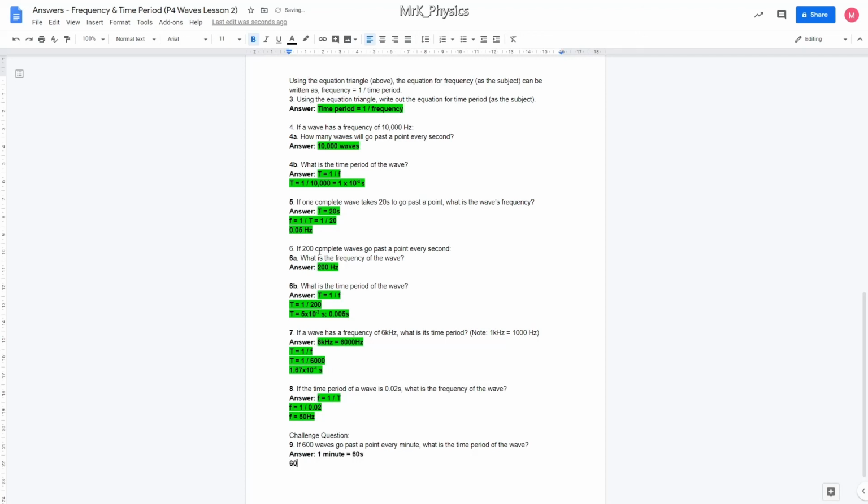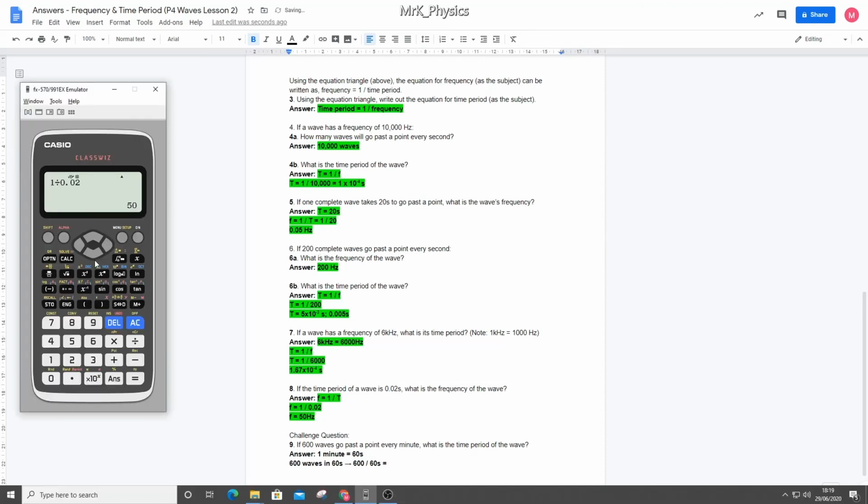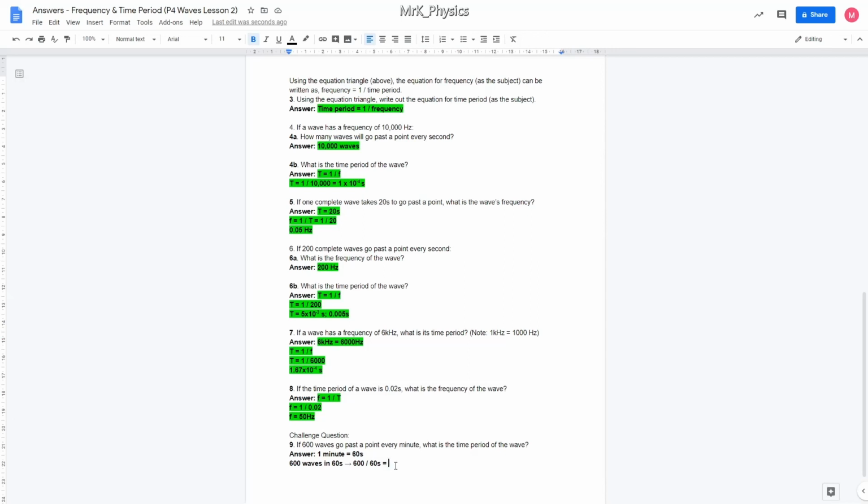So that means we have 600 waves in 60 seconds, but we want to know what is that per second. So we'll do 600 divided by the 60 seconds to give us, I'm going to do this anyway because I quite like using this calculator, 10 waves per second, or 10 hertz.